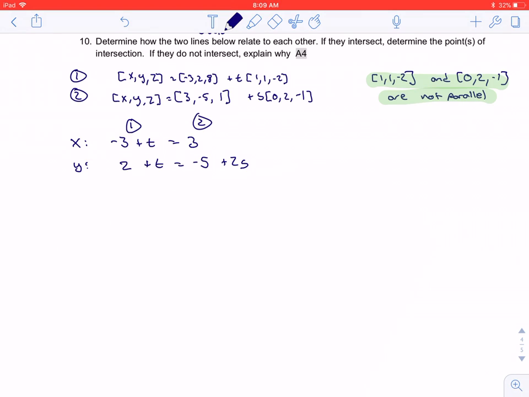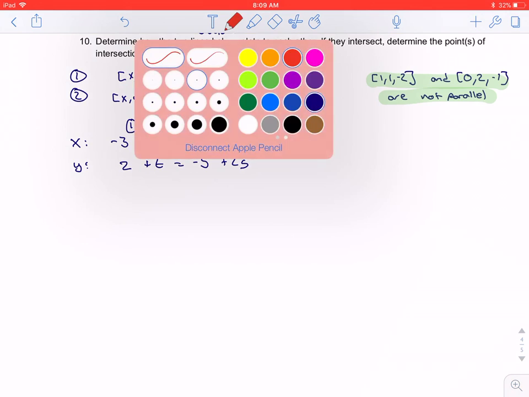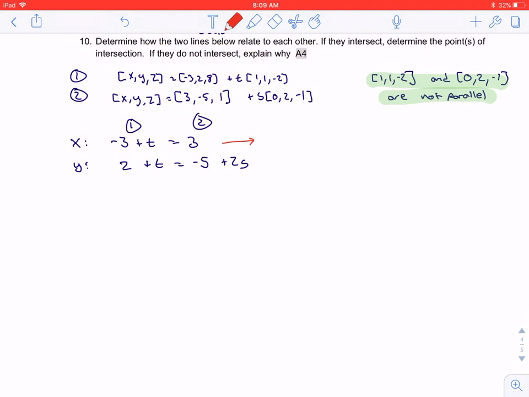Okay. So from the very first equation, I can solve for t, and I can say from here, without doing any addition or subtraction, there's other ways to solve, but here right away I can say that t is equal to 6. Okay.